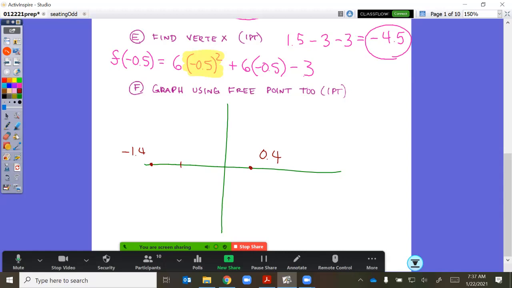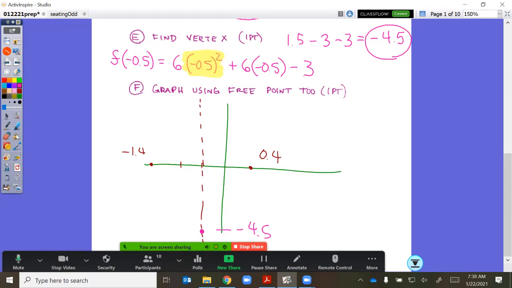Okay, so 0.5 is about right here. Okay, what else do we need to write down? Negative 4.5. It doesn't look like it's the right scale, but if I label it, that's what it is, even though it doesn't look like it's that far down. So that's my vertex, right?